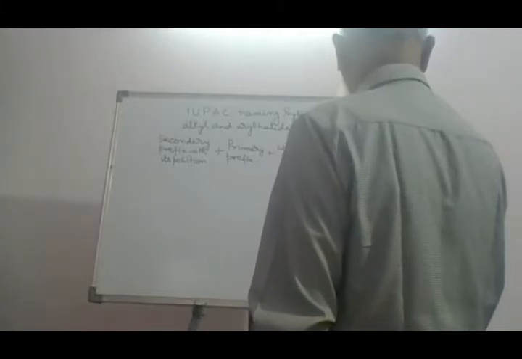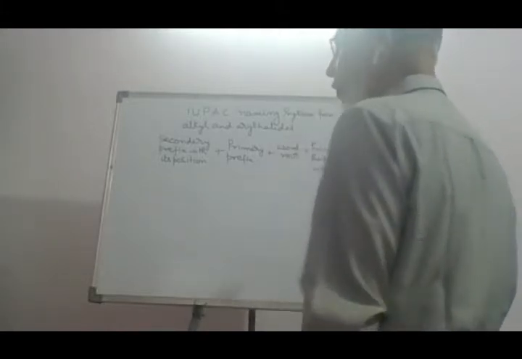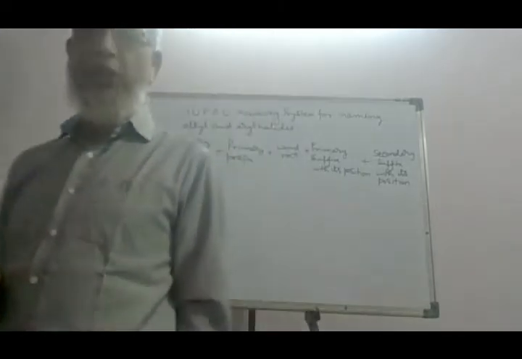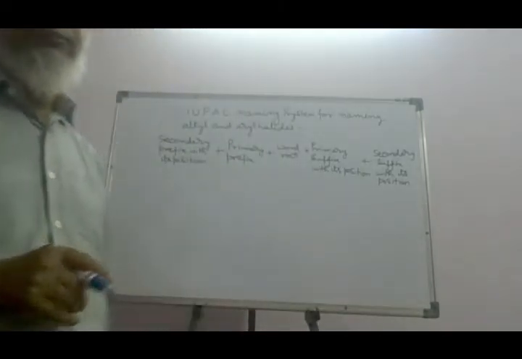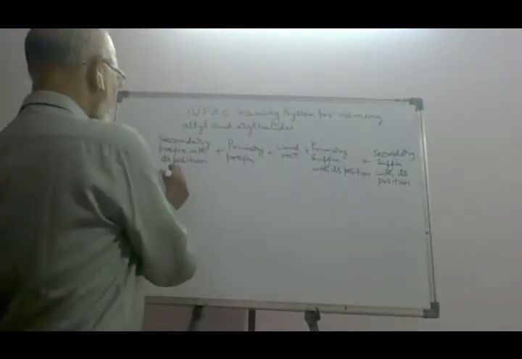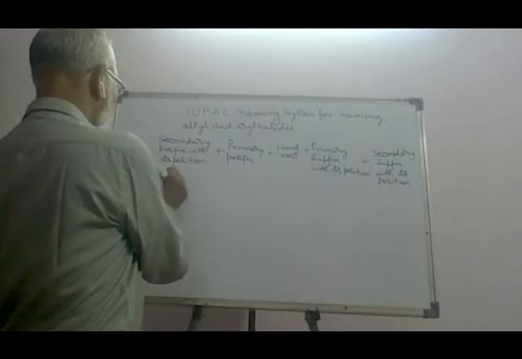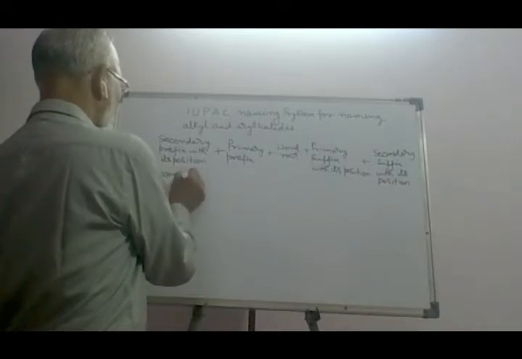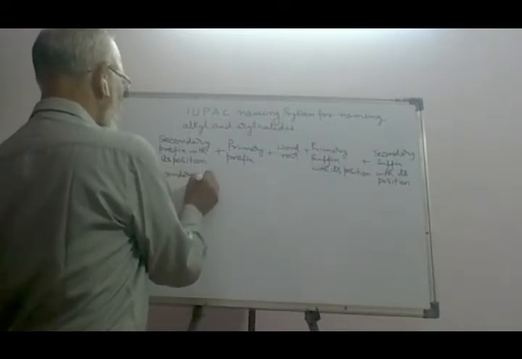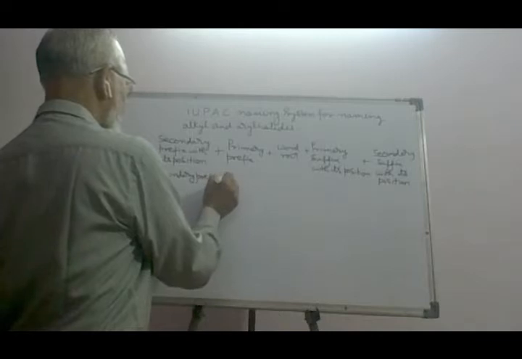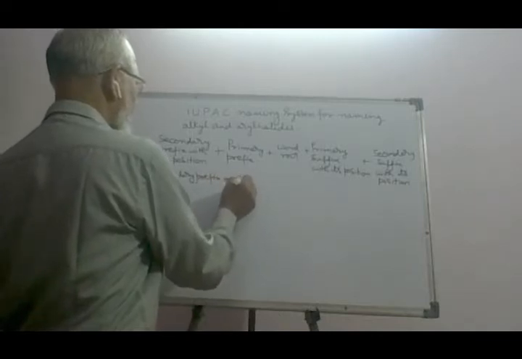Let us first see what these terms are, and then we shall take examples for naming the compound. First, you take secondary prefix. This is also known as substituent group.